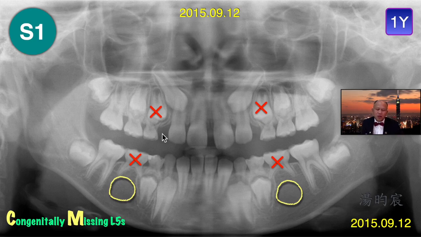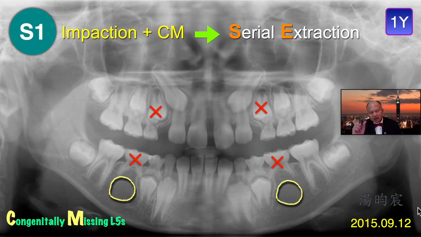Why not just wait 1 more year until the first premolar erupts, so it will be easier for us to take out this first premolar and this baby E. But at least at this stage, we already have a clear vision of how we're going to fix this case.